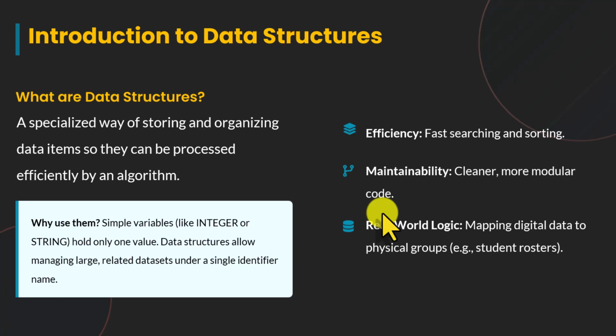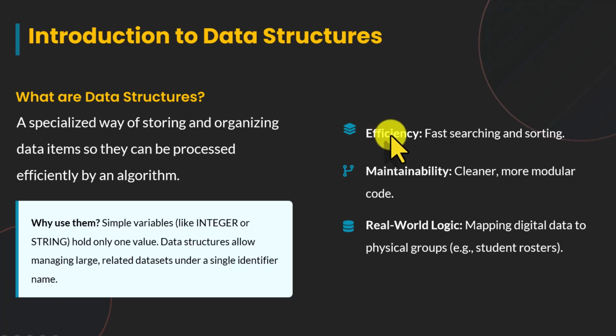So what are data structures? A specialized way of storing and organizing data items so they can be processed efficiently by an algorithm. Why use them? Simple variables like integers or strings hold only one value. Data structures allow managing large related data sets under a single identifier name.